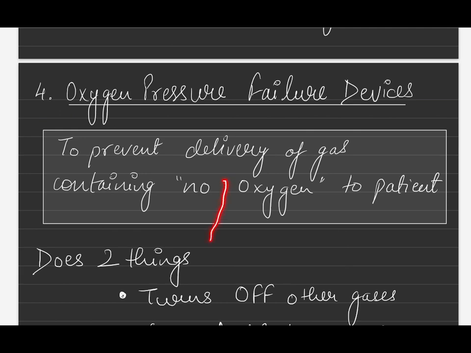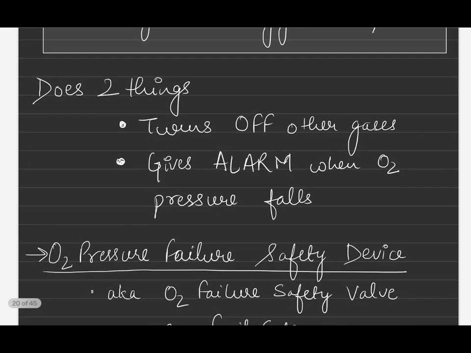So the two functions of oxygen pressure failure devices is, one is it turns off other gases. Other gases includes nitrous oxide and air. It turns off other gases.